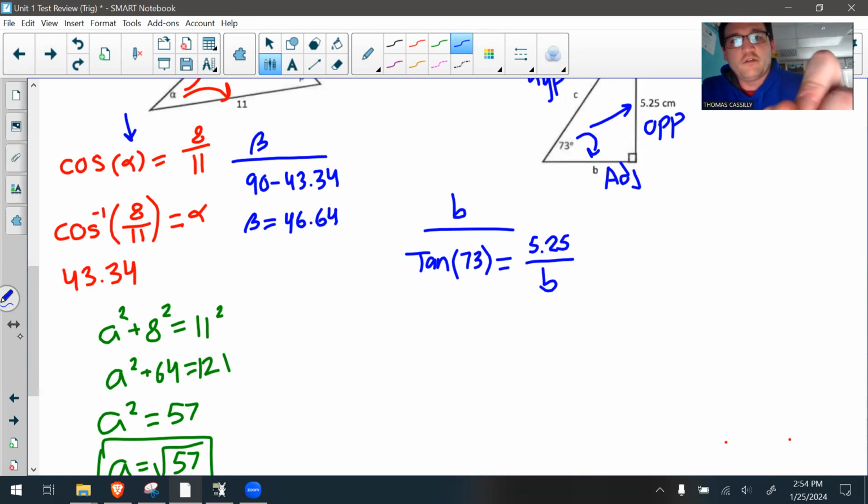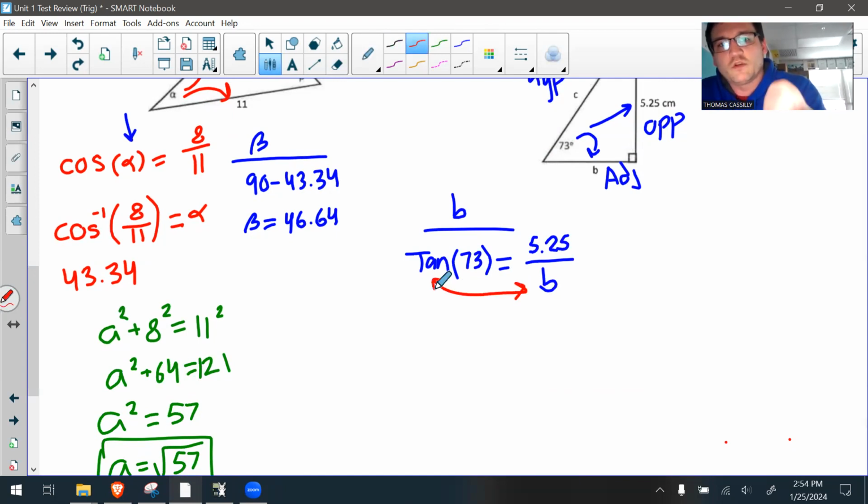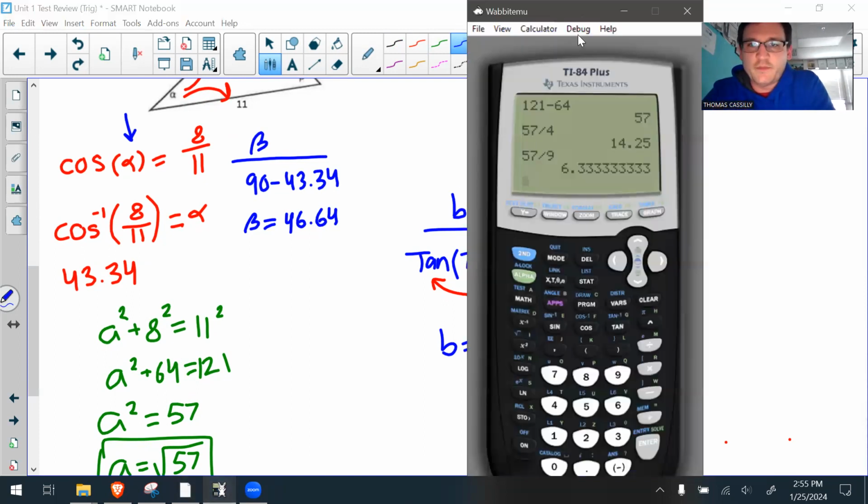So you can solve this using a two-step algebra equation, or if you recognize the shortcut, just swap out the tangent with B. Just swap these two values, and you're going to end up with the same thing. So we know B equals 5.25 divided by the tangent of 73. And again, type that in your calculator.